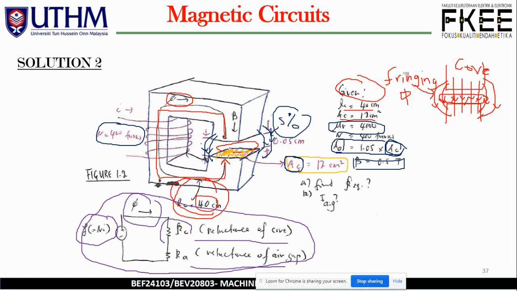We have the symbols representing RC as well as RA. You should always start with the magnetic circuit. Then (a) find R_eq, the total reluctance, and (b) find the current that induces B equal to 0.5 Tesla in the air gap.